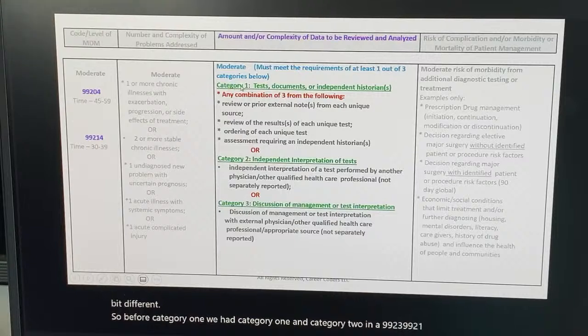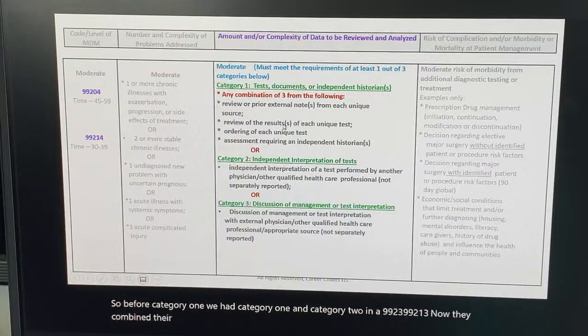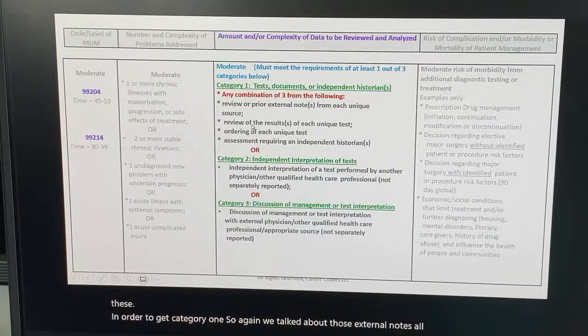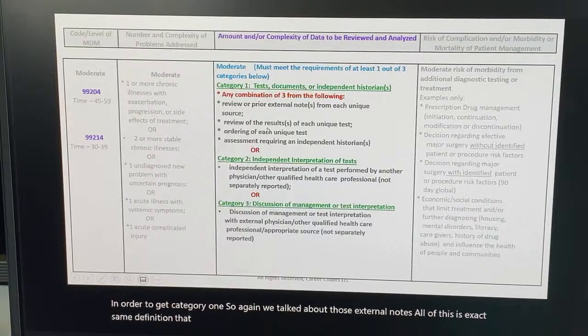Now they combine their category 1 with assessment requiring independent historian. So this one now, for this level, you need 3 of these in order to get category 1. So again, we talked about those external notes. All of this is the exact same definition that we just ran over, but they are including the independent historian in this category 1. So you need 3 of any of these following.